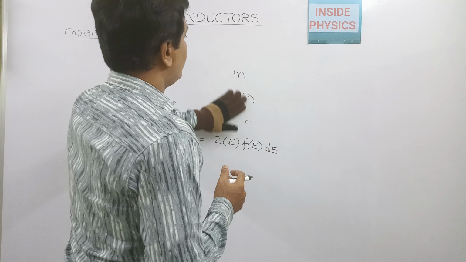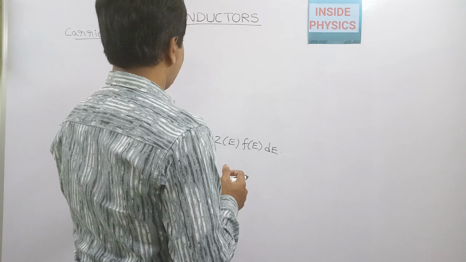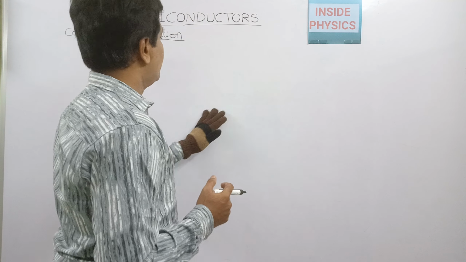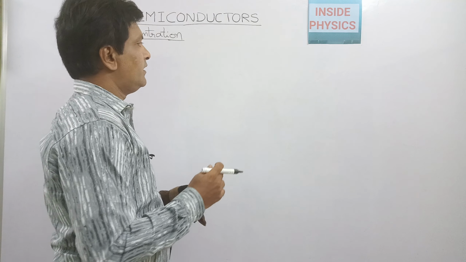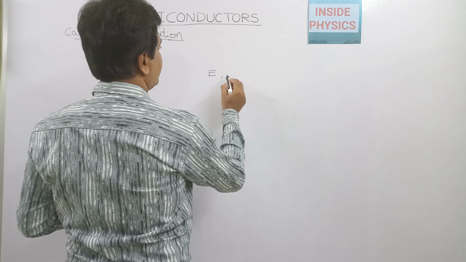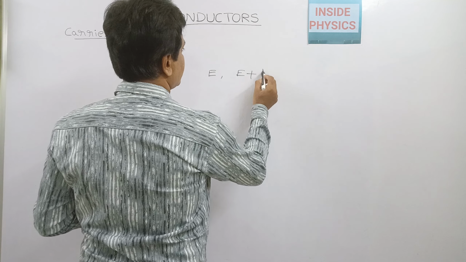Here we will see exactly what the density of electrons in the conduction band is in an energy level between E and E plus dE.